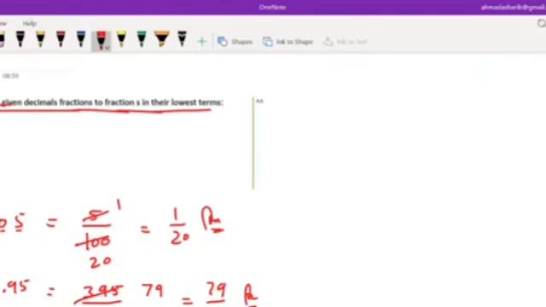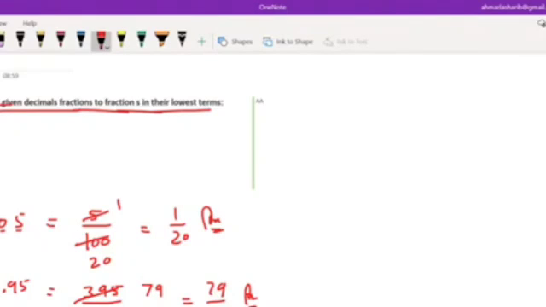Third, 4.005. So 4005, when I remove the decimal, because there are 3 digits after the decimal, so 3 zeros, means 4005 upon 1000.